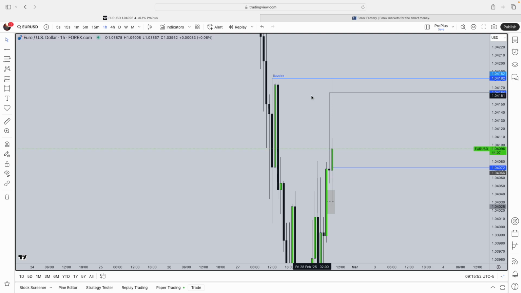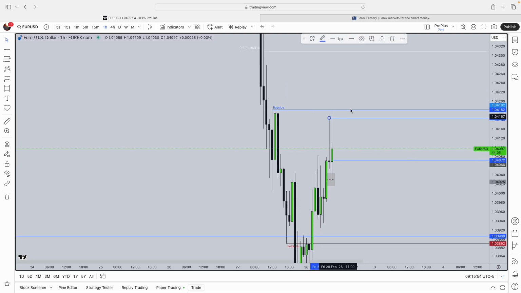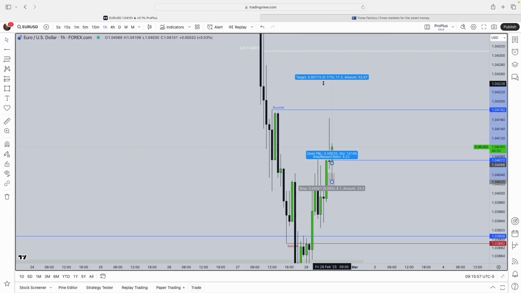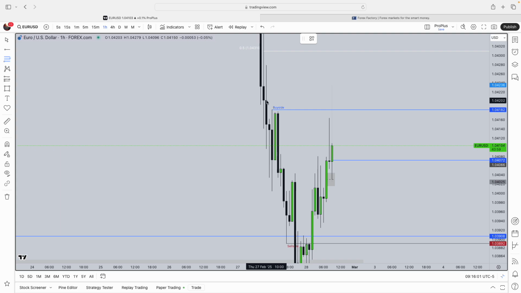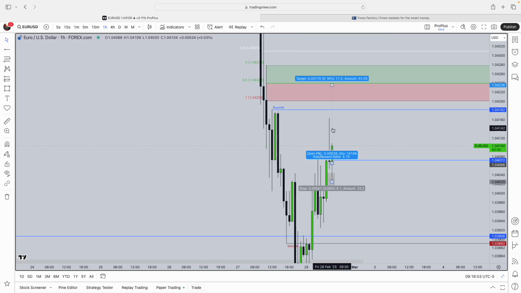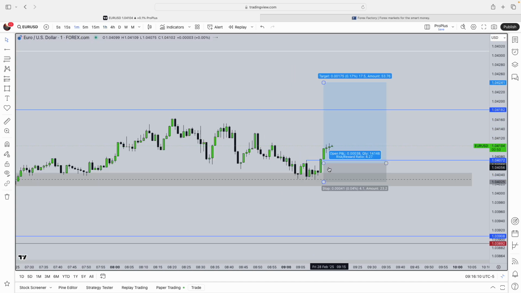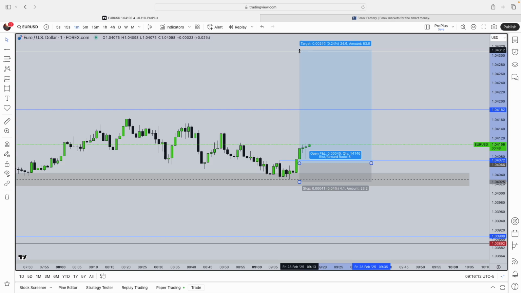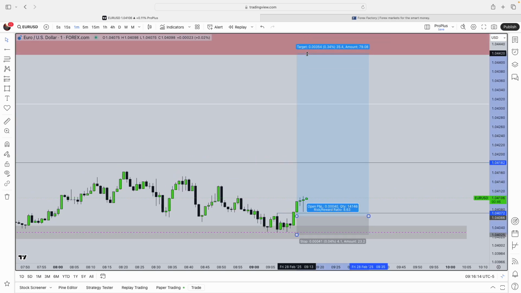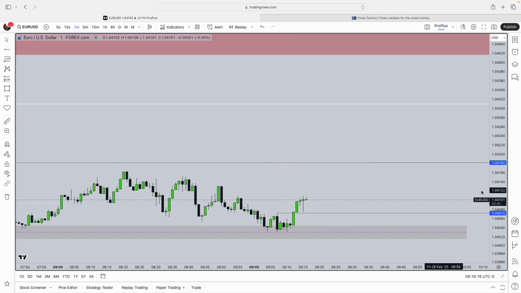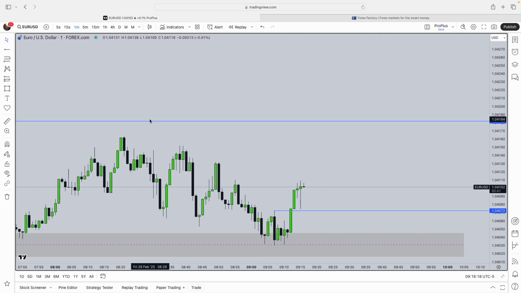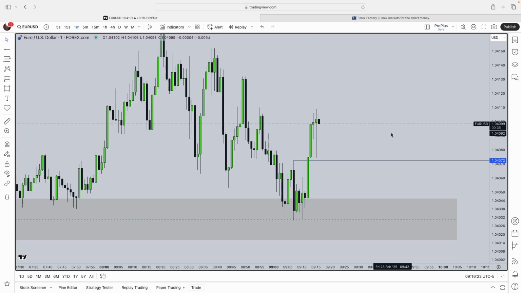And then the next target, so we remove that, would be potentially this half wick here, something like that. Then next target there, and then final target would be here. But I mean, low hanging fruit could literally just be that buy side here or that buy side there. So let's see if we actually get tapped in or not.